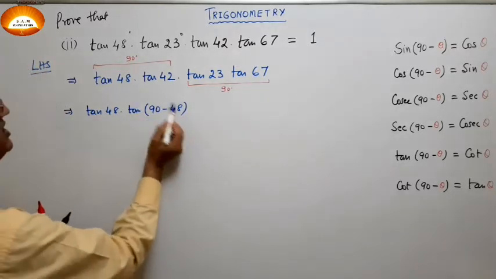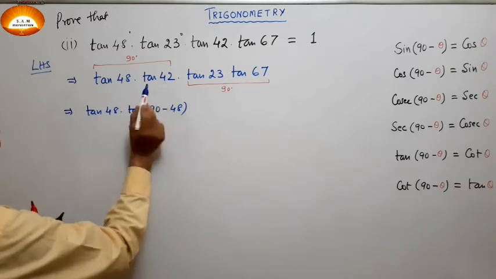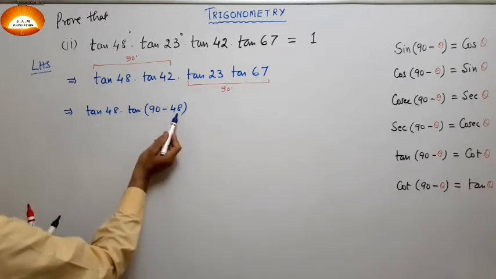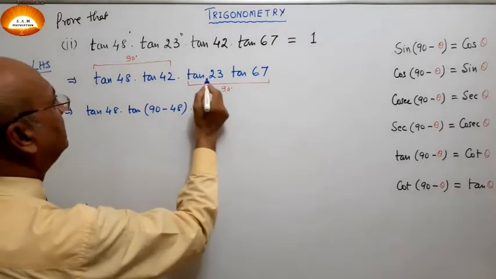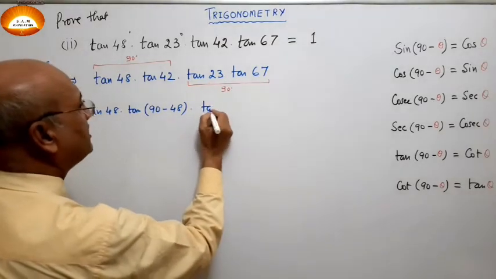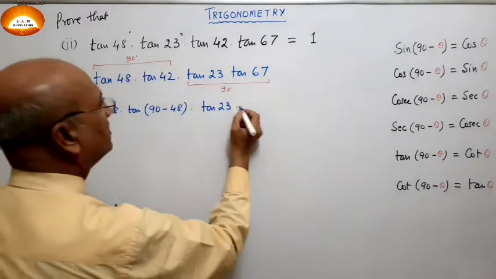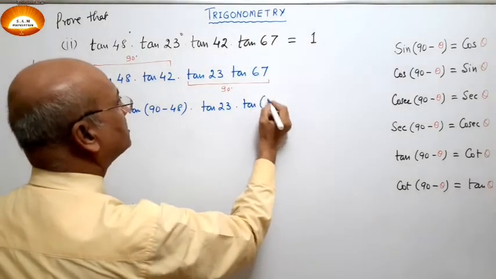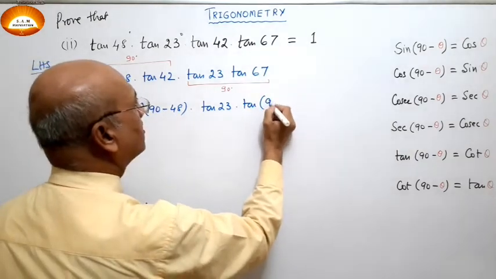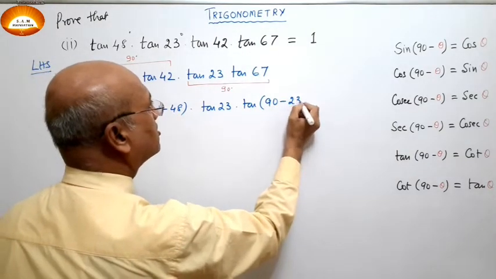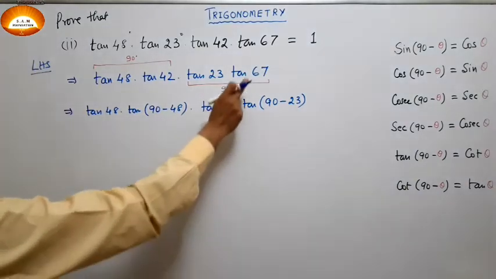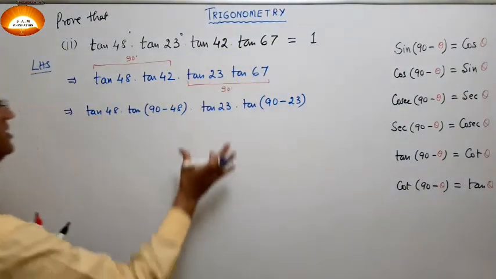See, 90 minus 48 is 42. Okay, now third, tan 23 as it is, no change. Now tan 67 I can write as 90 minus 23, because 90 minus 23 is 67. Okay, so this is the second step.